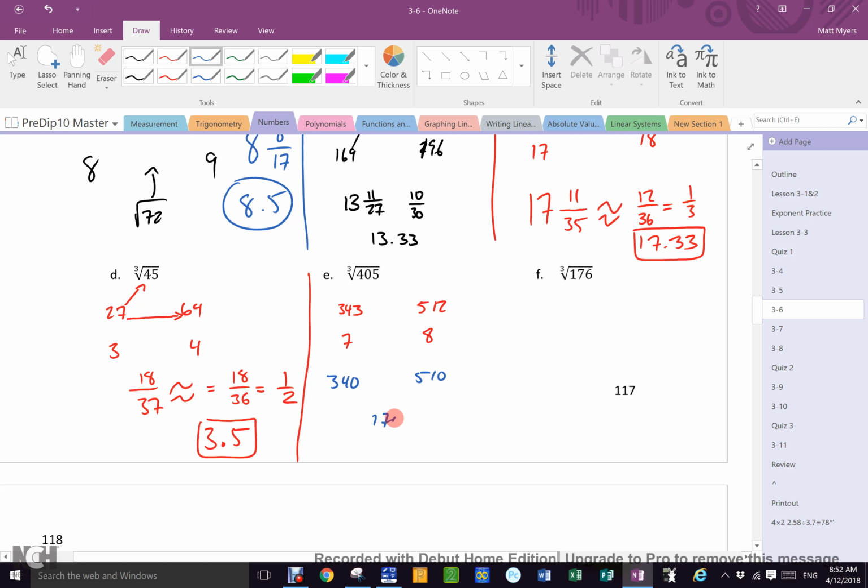Which is 170, right? And that is pretty close. That is 65, right? 65 out of 170. We could go ahead and say that's 6 out of 17, couldn't we? Which is basically a third, isn't it? So we could say that's 7.33. Everybody with me?